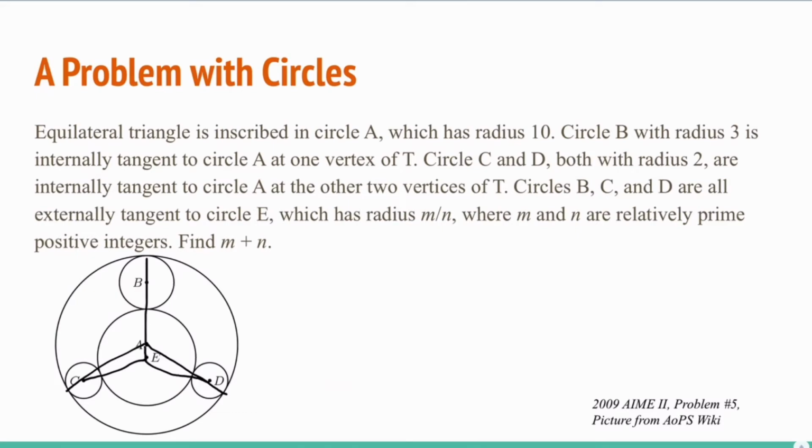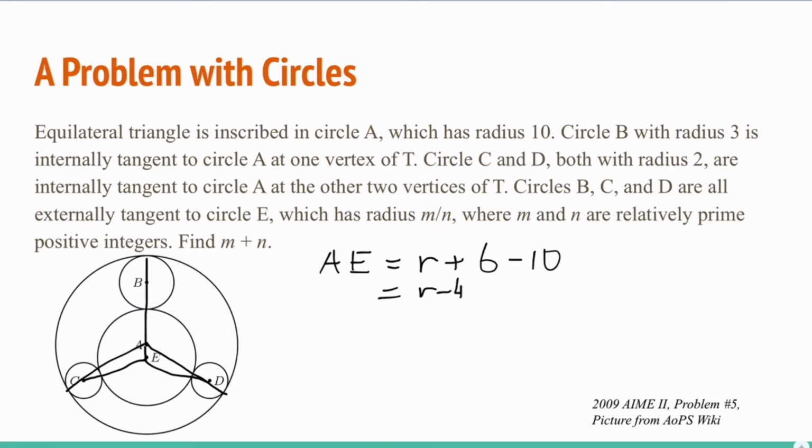We can figure out many of these lengths and some of the angles too, and we can use the law of cosines. So we have that AE is equal to r, where r is the radius of circle E, plus 6 minus 10, which equals r minus 4.